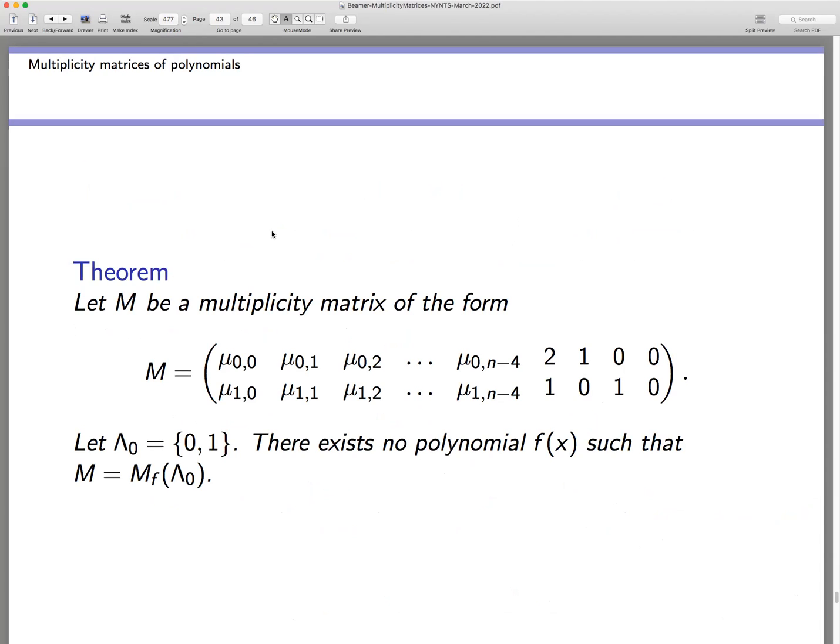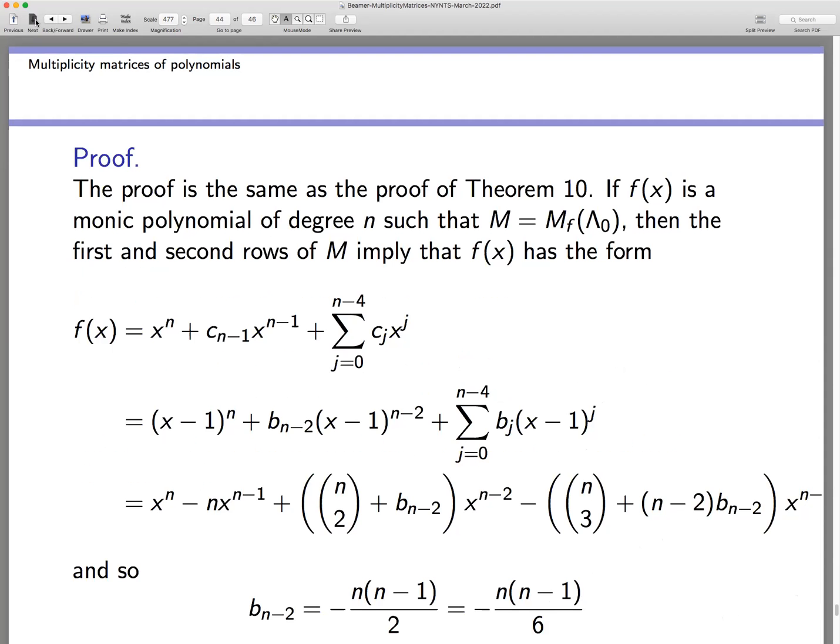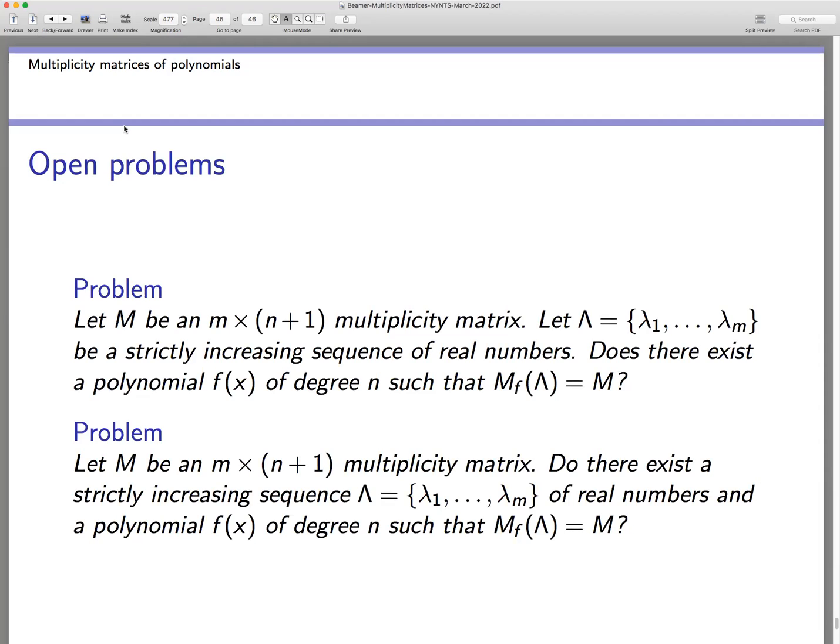Okay. And there are more examples of shapes of matrices that don't work, but I don't know how to classify them. So let me just repeat the two open problems I mentioned a few moments ago, because these are obvious questions to ask.